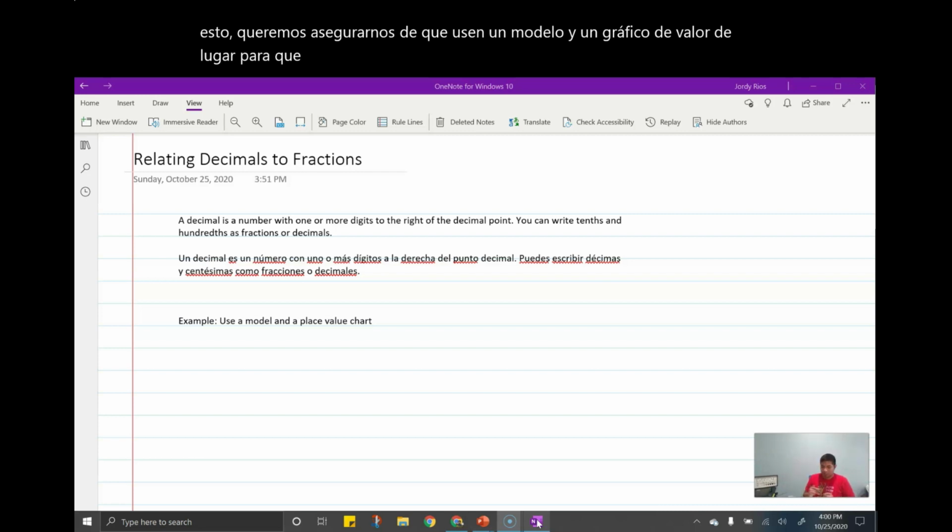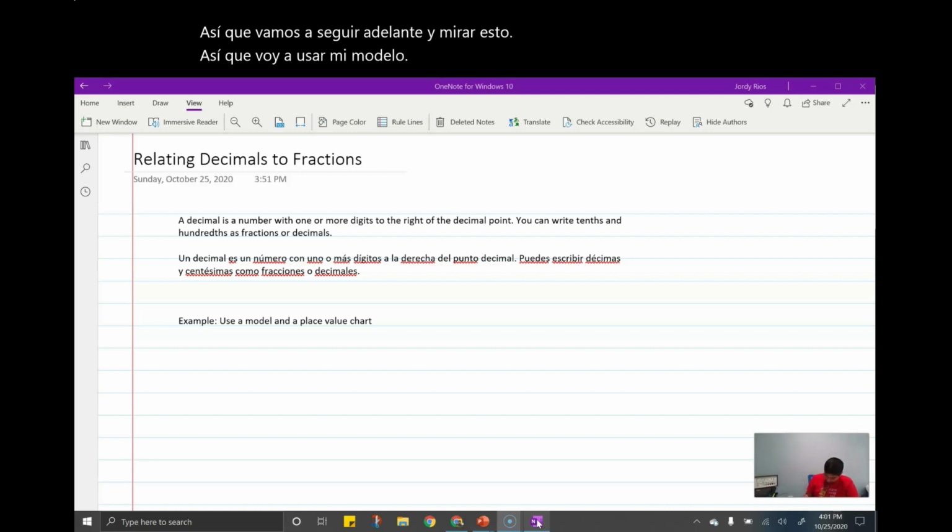And why do they work? Okay? So let's go ahead and look at this. So I'm going to use my model, okay? So here I have a fraction, and I'm going to do the fraction first.